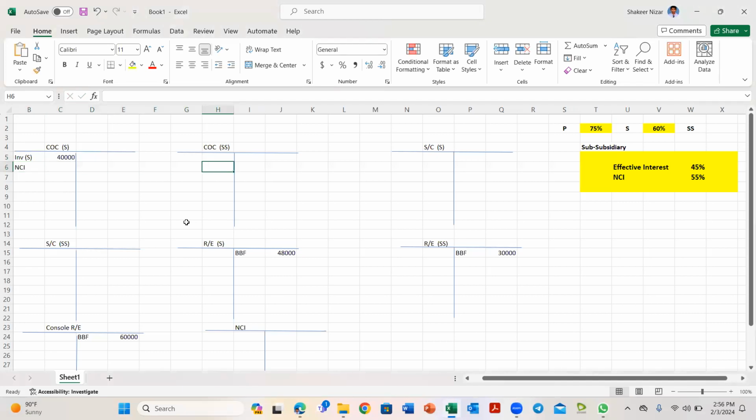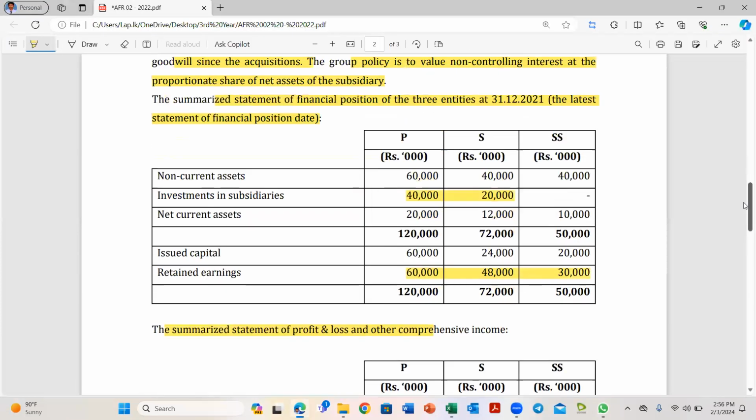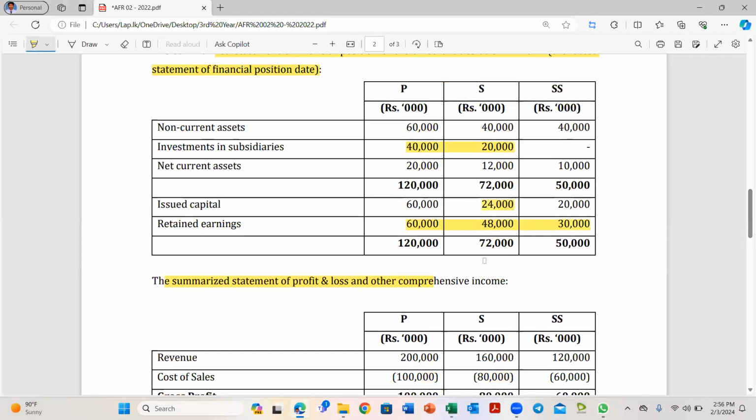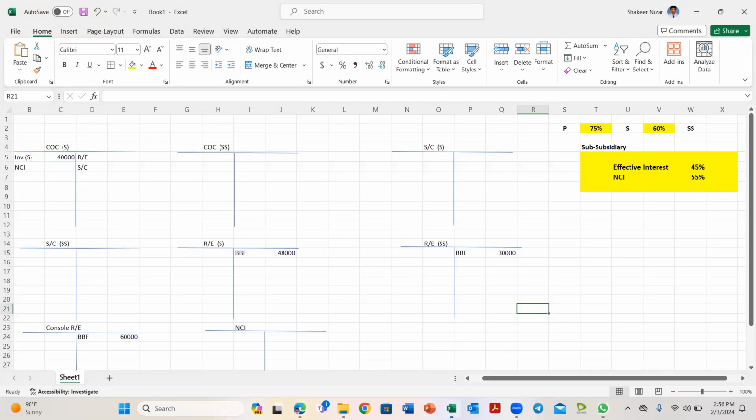Then we can start with the retained earnings and the stated capital at the acquisition date. So we don't have such reserves irrespective of the retained earnings and stated capital. Stated capital is not changing. 24,000. So we want to firstly put the opening balances.